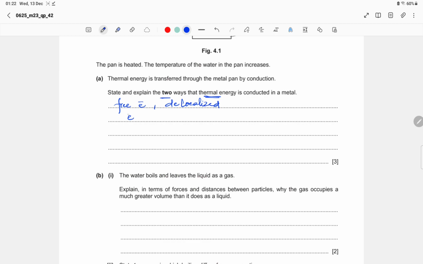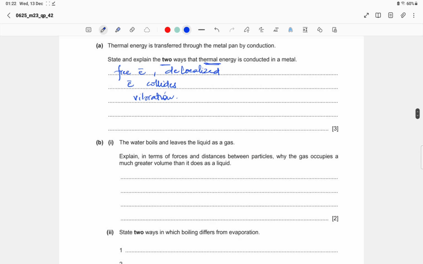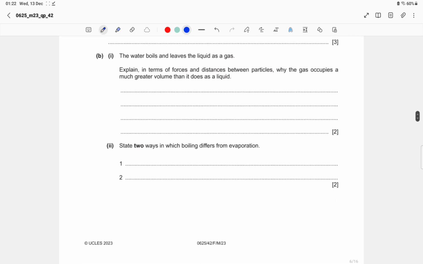Electrons collide to transfer energy. They also vibrate, and when they vibrate, they transfer their energy. So I'm writing in the simplest way. You can write it in full sentences in a paragraph format.